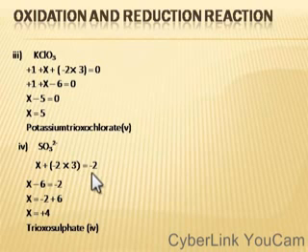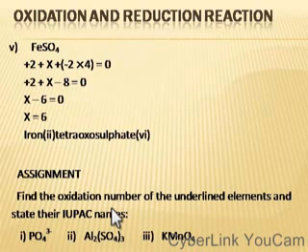You still remember that, and that is why this is minus 2. So we have S minus 6 is equal to minus 2. S is equal to minus 2 plus 6, as 6 is going to the other side. At the end of the day, we have S is equal to 4. So we have trioxo, 3 oxygen there, sulfate(IV), sulfur in plus 4 state.